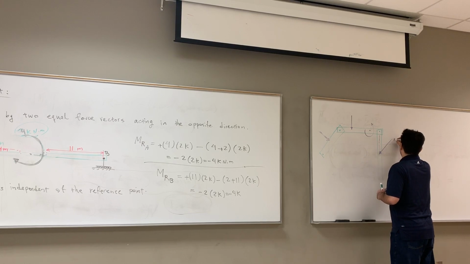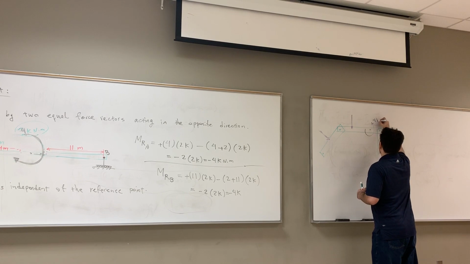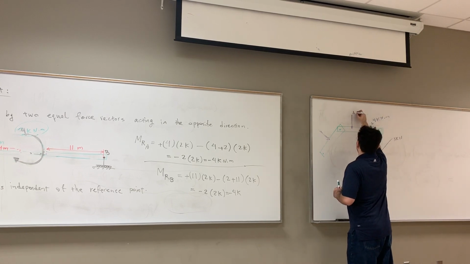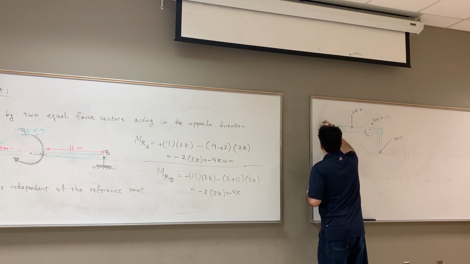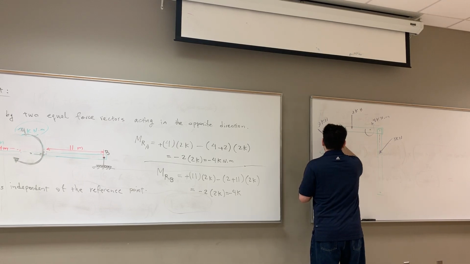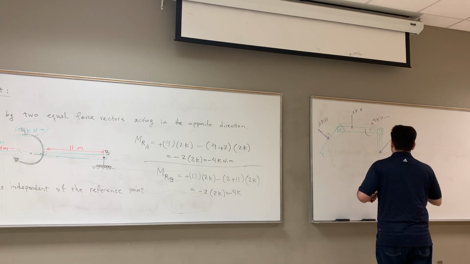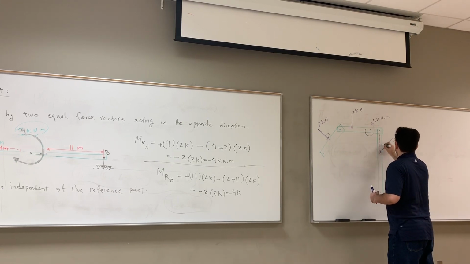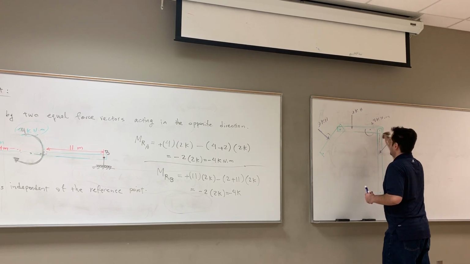All right, let's say this is 3 kilonewton force. This is 4 kilonewton meter. This is 2 kilonewton. And this is 9 kilonewton. Here I should have a better color for the beams.